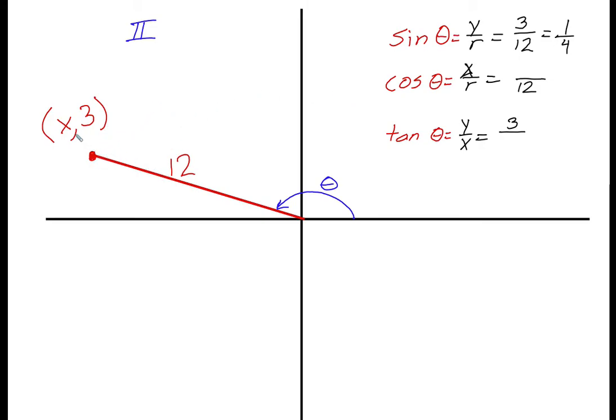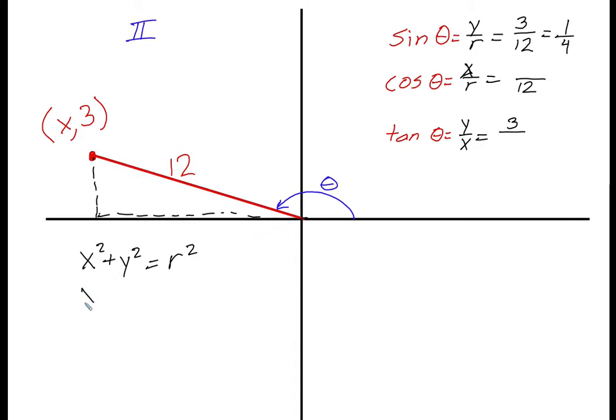Remember that the relationship between x and y and r is that x squared plus y squared has to equal r squared. If we made a right triangle here, the length of this would be x, the length of this would be y, and that hypotenuse is r.